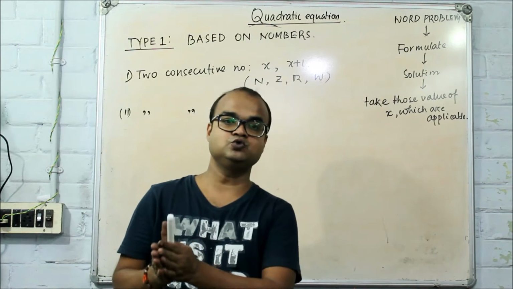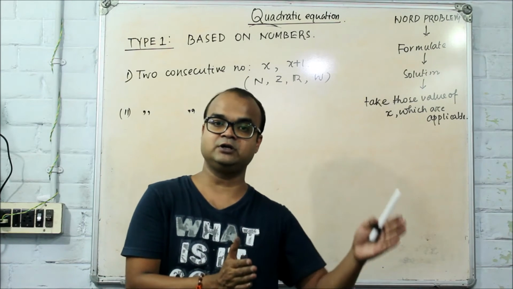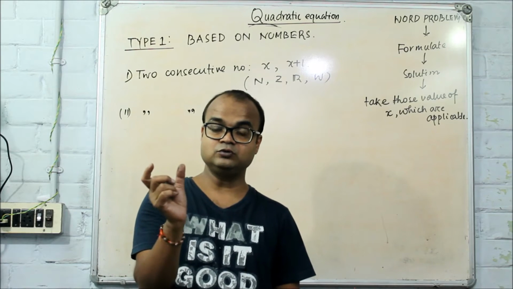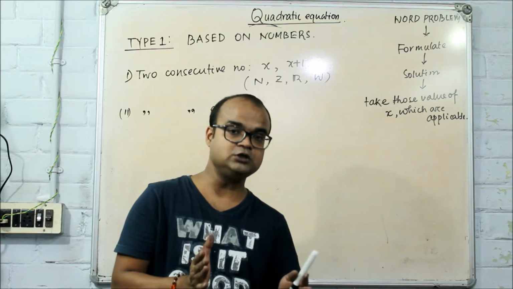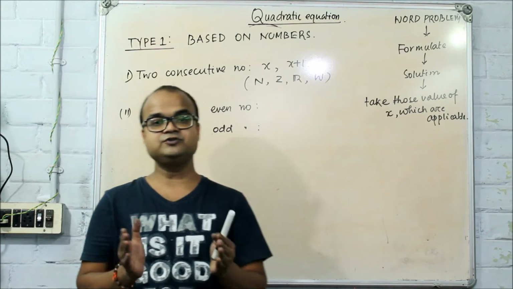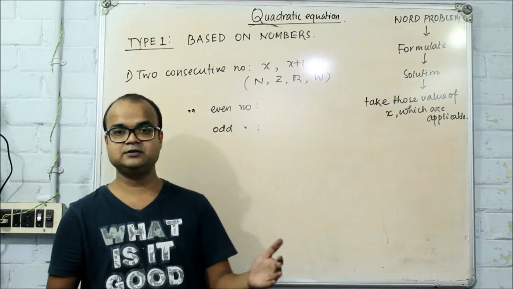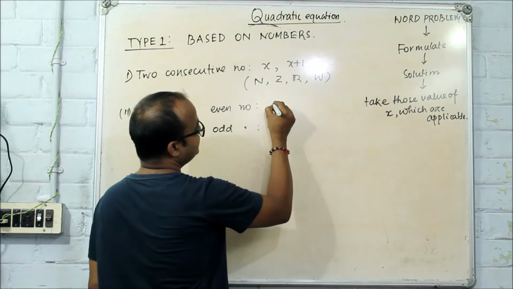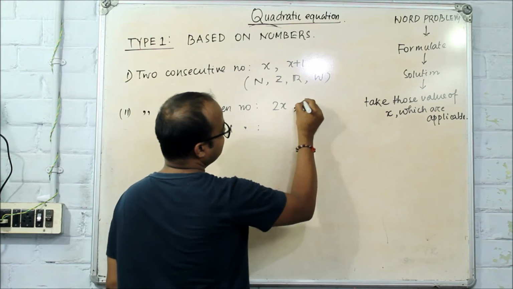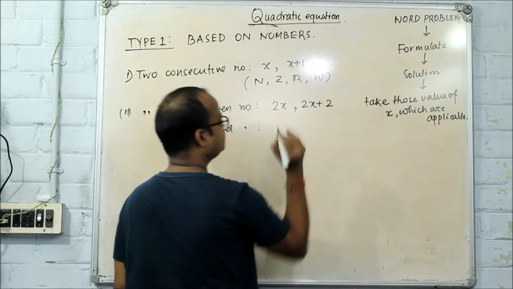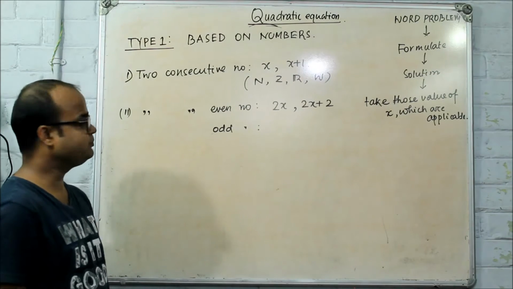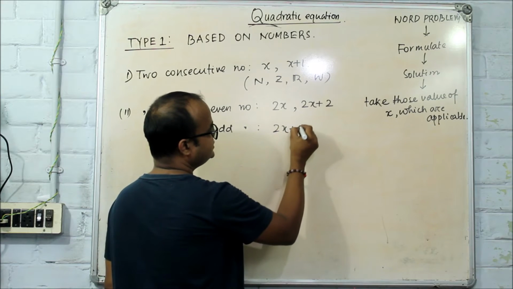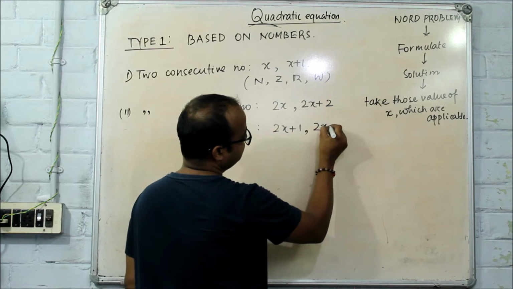Suppose one even number is 2, another is 4, then 6, then 8, so you are getting a difference of 2. Similarly, in case of odd numbers, you are getting a difference of 2: 1, 3, 5, 7 and so on. So in case of even numbers, we consider the numbers as 2x and 2x plus 2, and in case of odd numbers we consider them as 2x plus 1 and 2x plus 3.